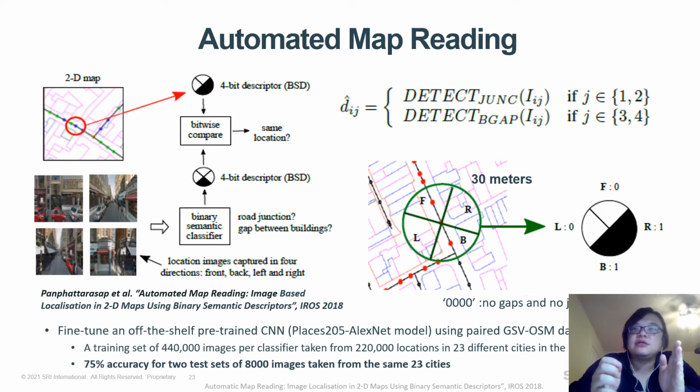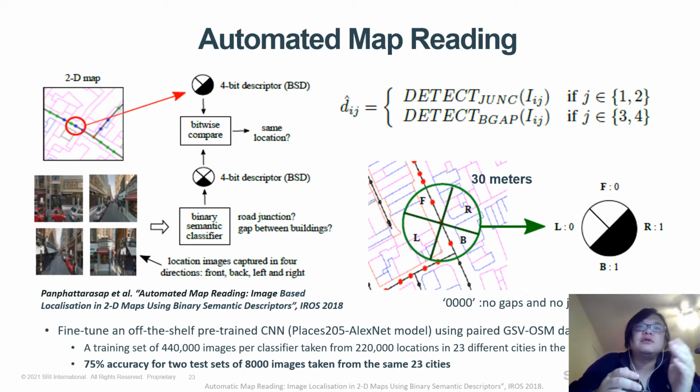If the front direction has a junction, then the bit is 1. If there's no junction, then it's 0. For the left and the right, if there's a gap between the buildings, then it becomes 1. If there's no gap, it becomes 0.